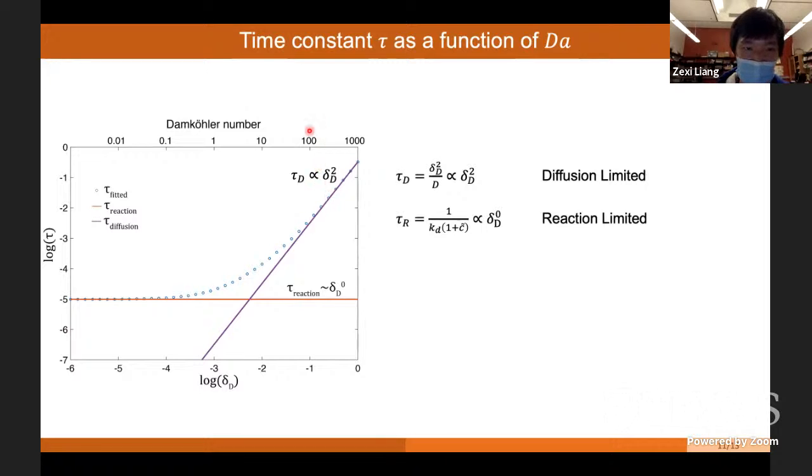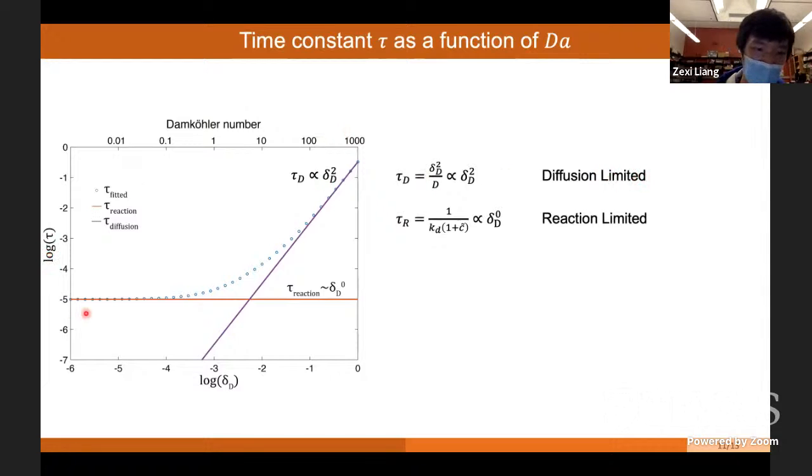First of all, at a high Biot number, which means the diffusion layer is pretty thick, the entire characteristic time scales with delta D squared. This is indicated by the diffusion equation. So we name this area with a high Biot number the diffusion-limited region.